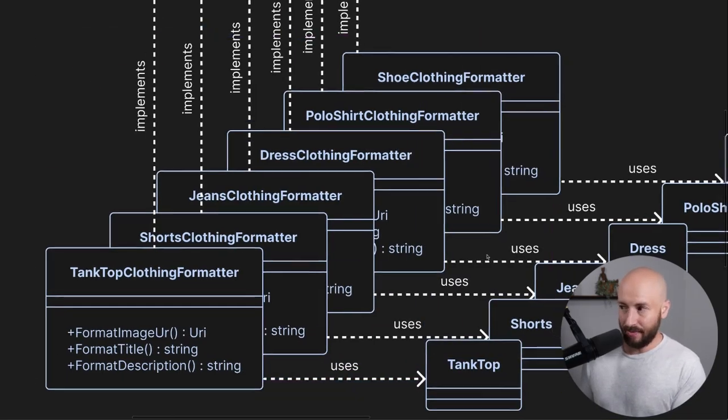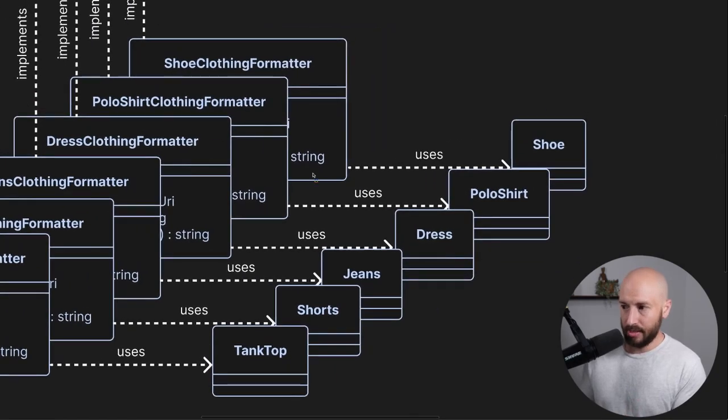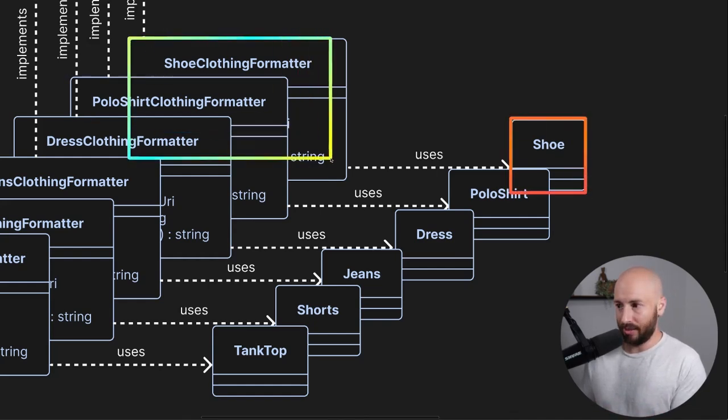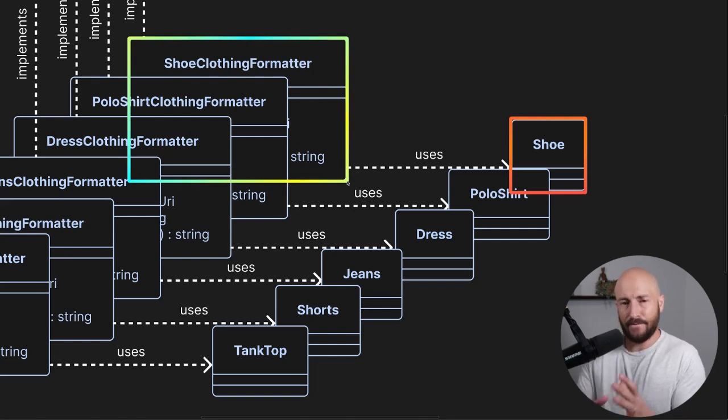We then said that what we actually have over here is the adapter design pattern. The client needs to use these methods like format title, format image, etc. And what we're doing is we're taking the shoe and we're adapting it to what the client needs by creating a formatter, which is the adapter, that takes the shoe and makes the interface compatible with the client.